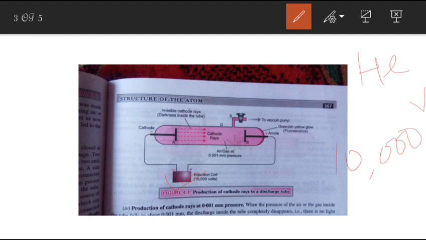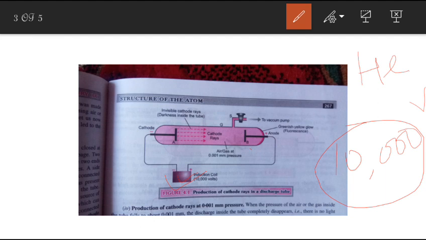At first, as you know, at ordinary pressure, gas is a bad conductor of electricity, or gas at normal pressure is a poor conductor of electricity. Voltage is kept at 10,000, and pressure is normal atmospheric pressure, applied between the electrodes.